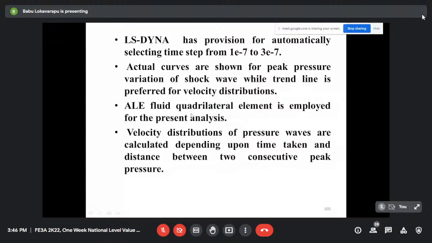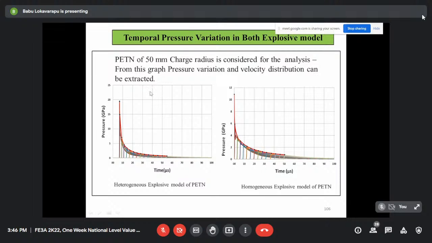An ALE fluid quadrilateral element is employed for the present analysis, and all the values of mechanical properties, such as pressure variation of the shock wave and velocity variation through both the mediums, are extracted. And you can see here PETN with a 50 mm charge radius considered for this analysis, and you can see the pressure and how it varies.